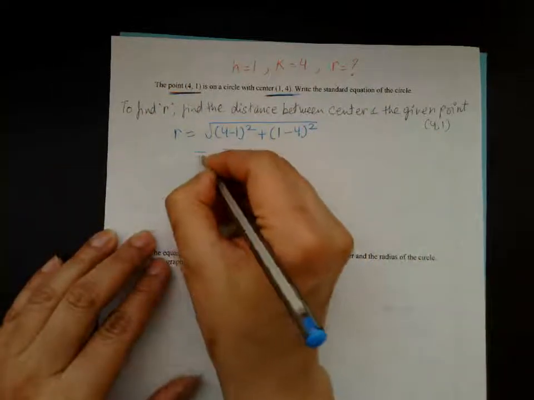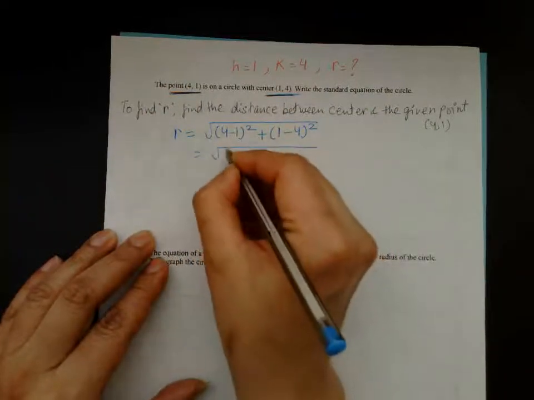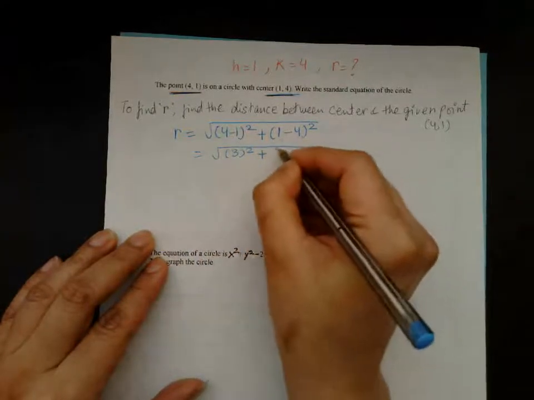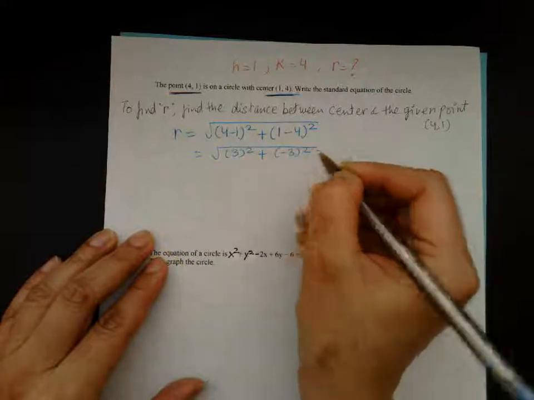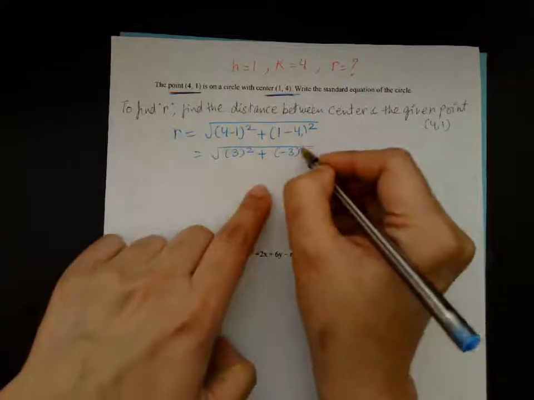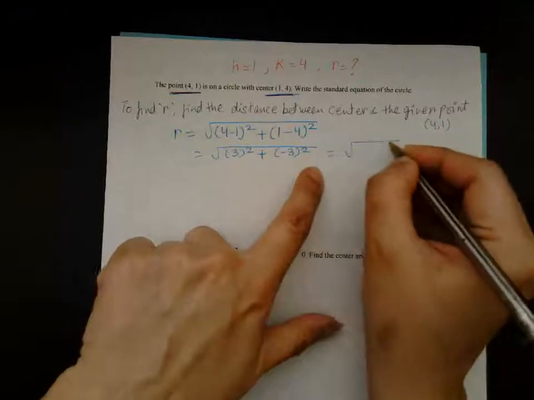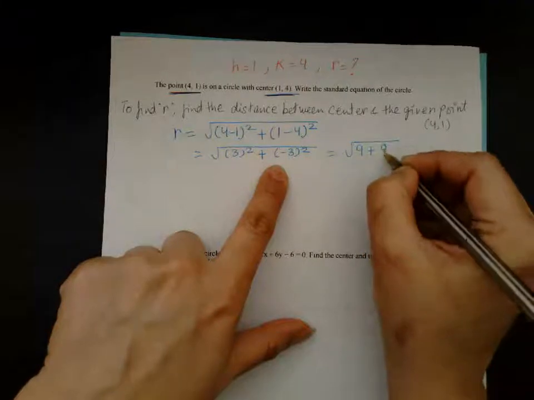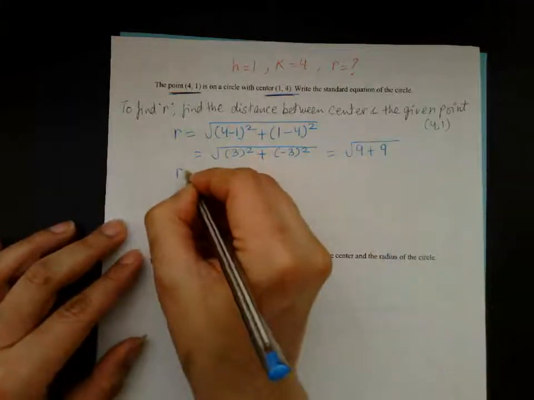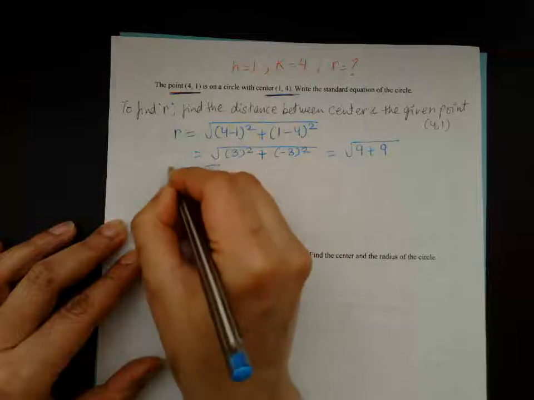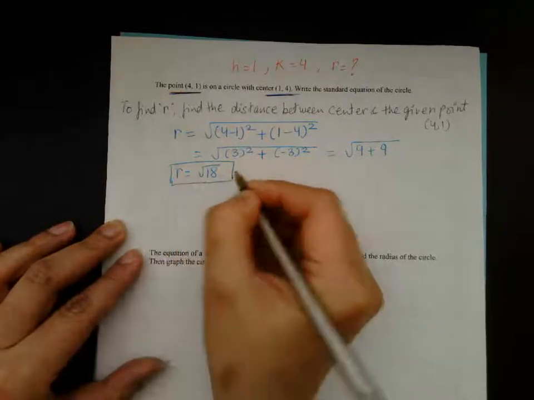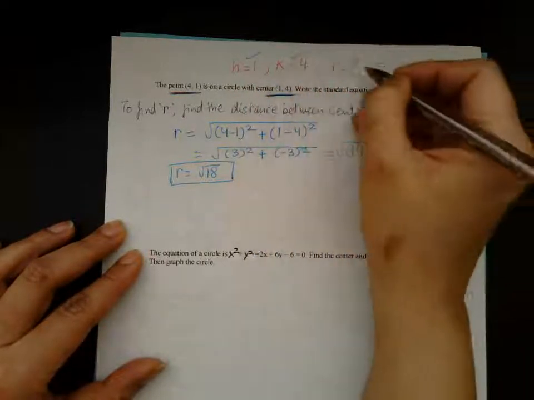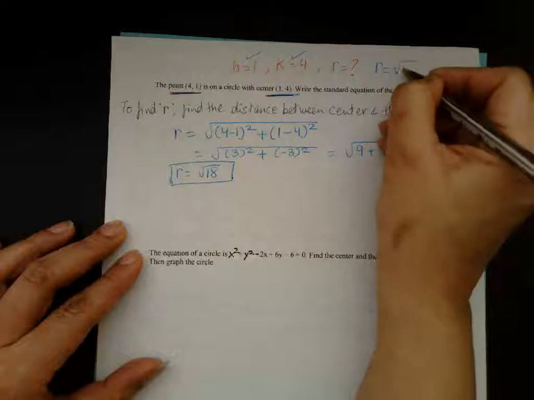To simplify it, 4 minus 1 is 3 squared, and 1 minus 4 is negative 3 squared. 3 squared is 9, and negative 3 squared will also give us 9. So the radius is radical 18. Do I have to simplify it right now? No.